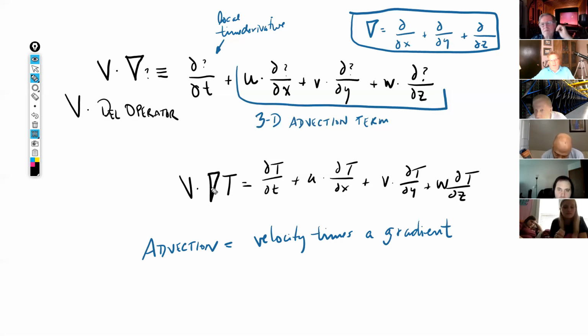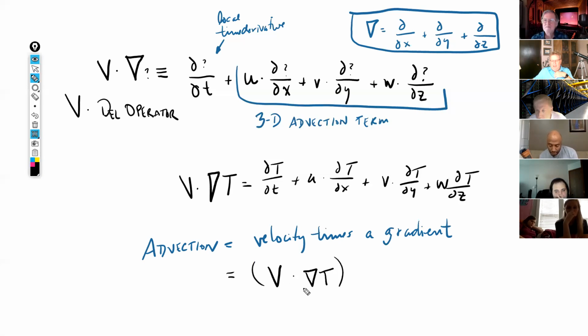The advection term doesn't include the operator, correct? Well, the idea is I'm looking at advection as the velocity times a gradient. Dude, I am screwing this up, but times a gradient. That is advection.